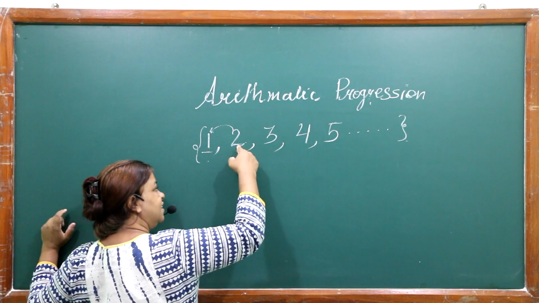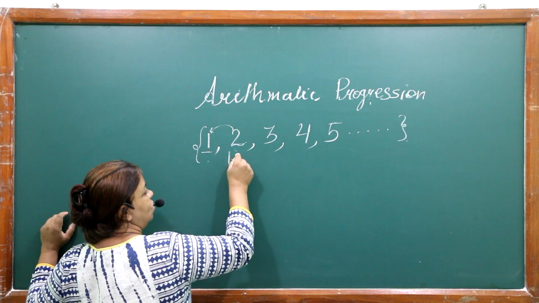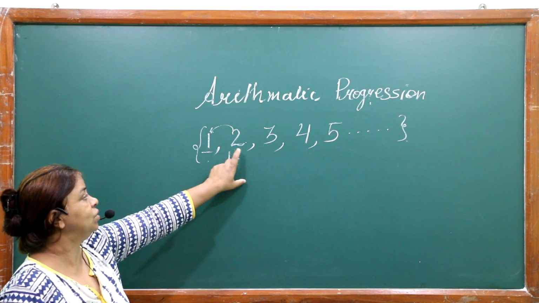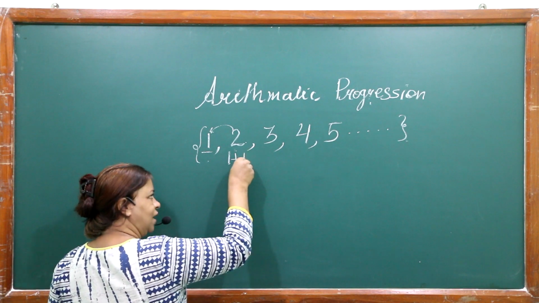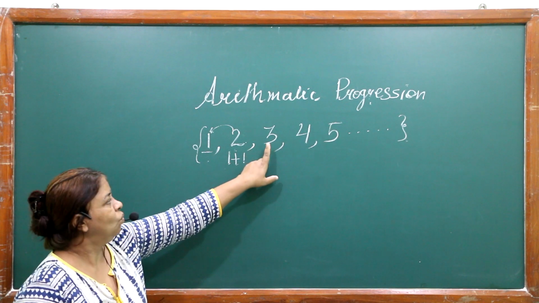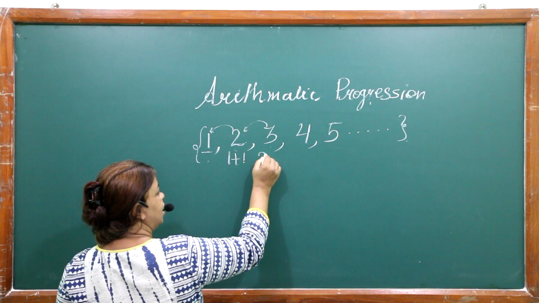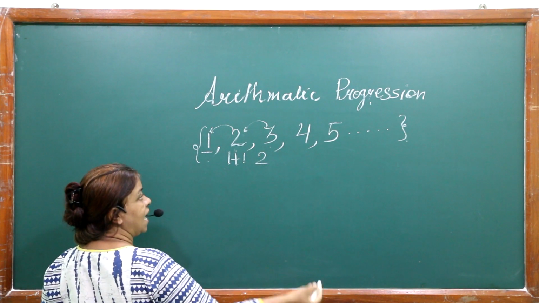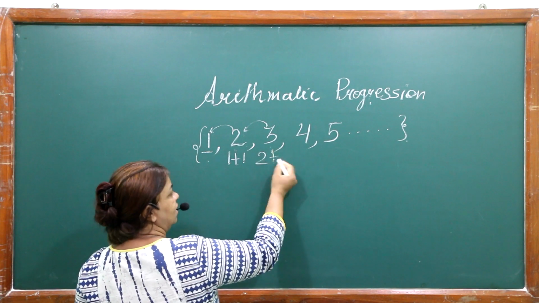If I want to get this term from the preceding term, that is 1, what number must I add so that I get 2? It's obvious, yes, 1. So I get 2. Now to get 3, what is the preceding number of 3? The preceding number of 3 is 2. What number must I add to the preceding number to get 3?